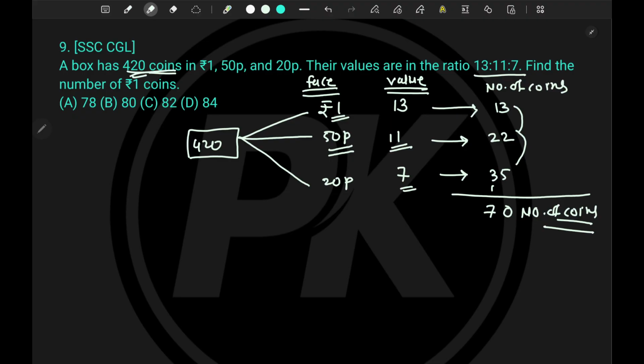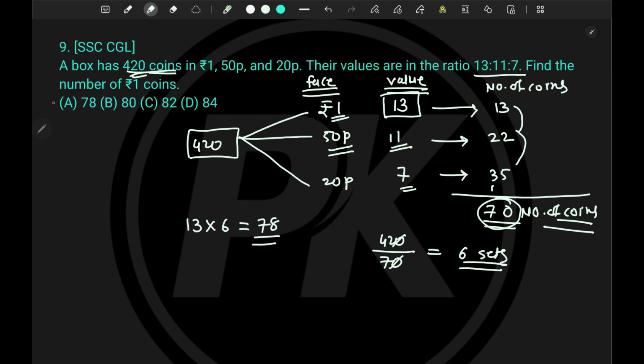But the total number of coins is 420. So in one set I have 70 coins, and total we have 6 sets. In one set I already know I have 13 one rupee coins. So in 6 sets, how many one rupee coins will I have?